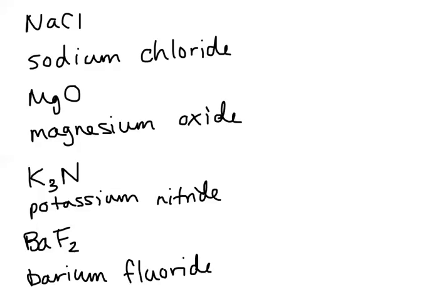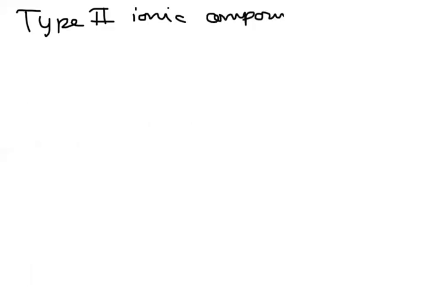So these are type 1 cations with monatomic anions. Let's do type 2 cations with monatomic anions. When you name type 2 cations, what do you have to specify?